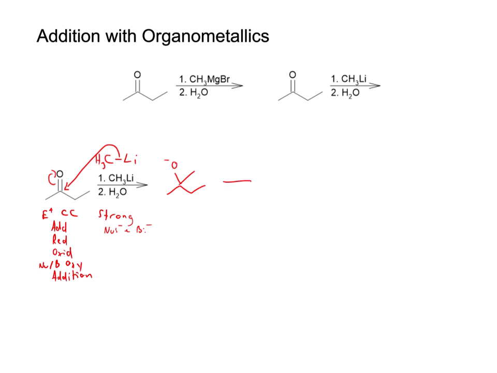Of course, we don't like having the negative charge on the oxygen, so that's when we bring in water as our hydrogen source, and we do a proton transfer where the O negative attacks that hydrogen, giving us our product, where we have an OH and this additional CH3. Now, normally I would say check for stereochemistry, and once we check, we realize that we do not have a stereogenic center in this particular reaction, because two groups are the same. We have two methyl groups on that central carbon, so this is, in fact, our final product.